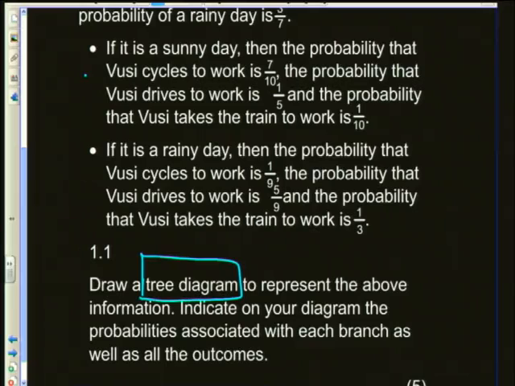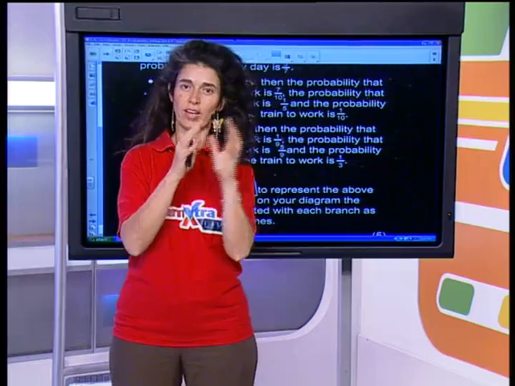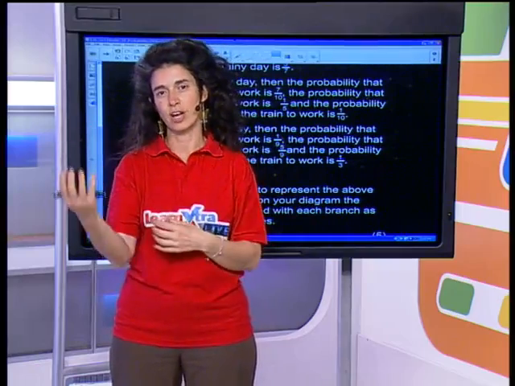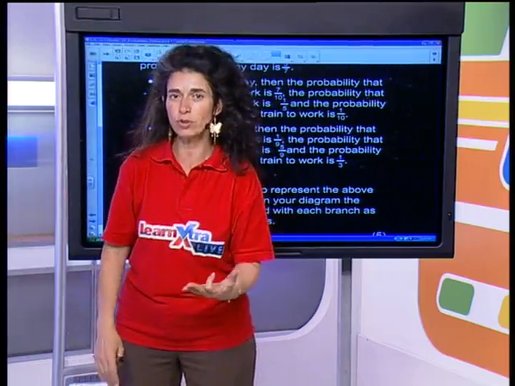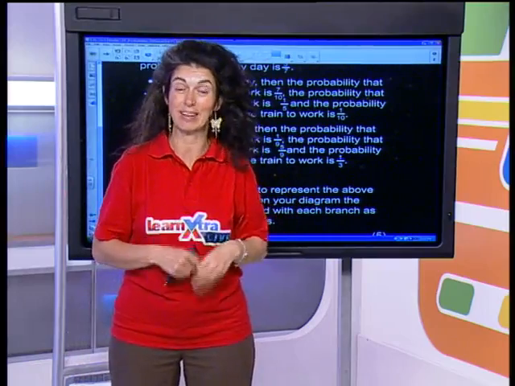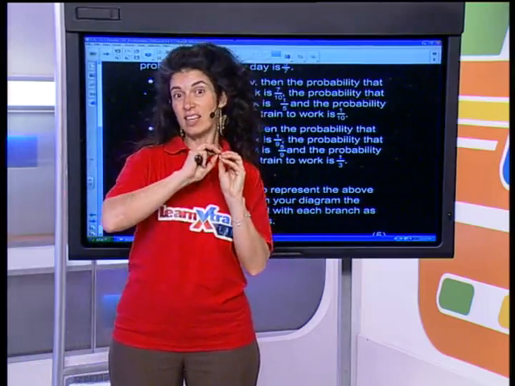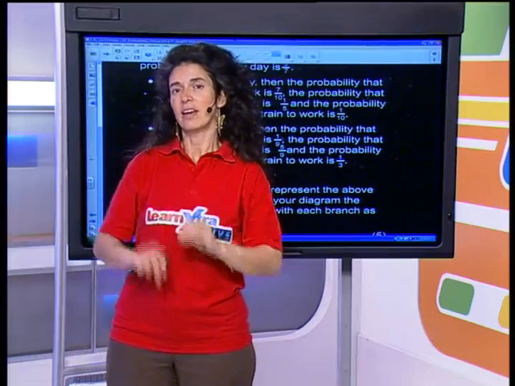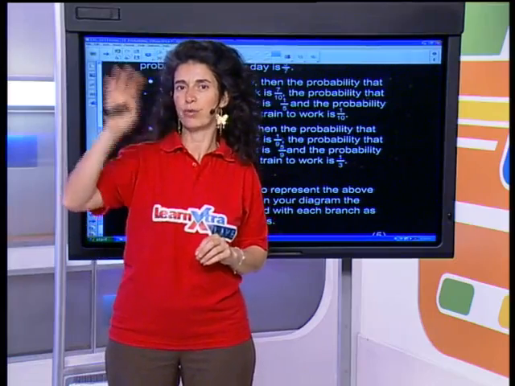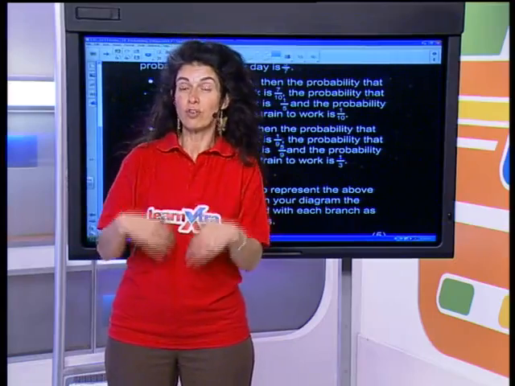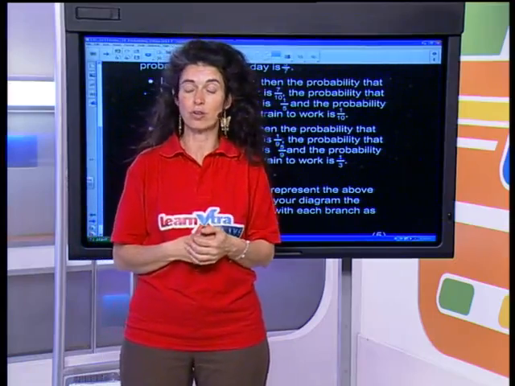Okay. So if we read again, we'll look, it's rainy, and Vusi's going to work by 3 modes of transport. So we have some choices to make. So choice 1, is it a rainy day or is it not a rainy day? If it's a rainy day, then Vusi's going to work with 3 modes of transport. If it's not rainy, he's also going to take those 3 modes of transport.